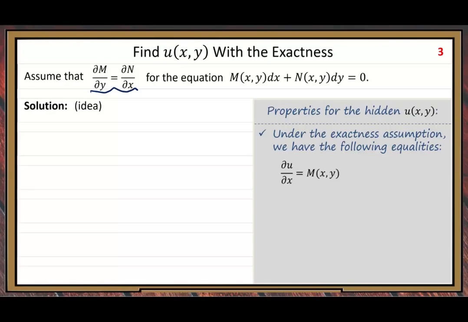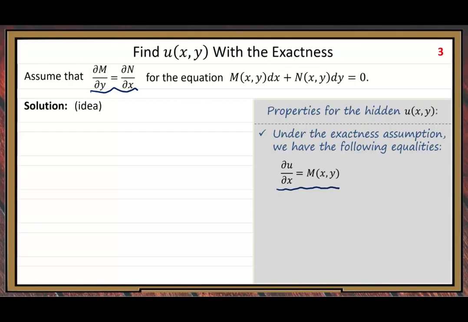The first one is partial u over partial x equals the m function. The m function is given. Can we find some representation of the u function based on this partial derivative?